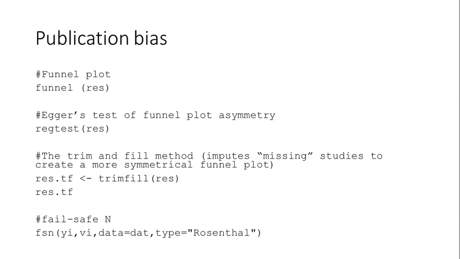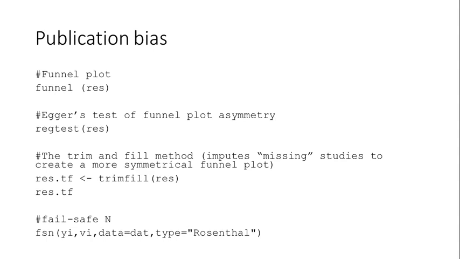So basically what that does is it imputes the missing studies from this side to this side. So it almost reflects these dots and adds them in. And it'll basically rerun your meta-analysis, but it's imputed those missing studies, so it'll give you a slightly different result.